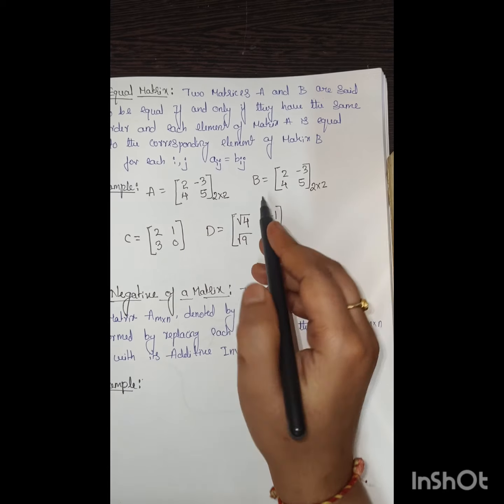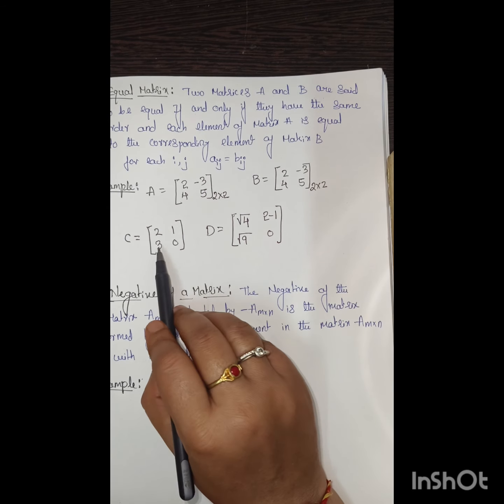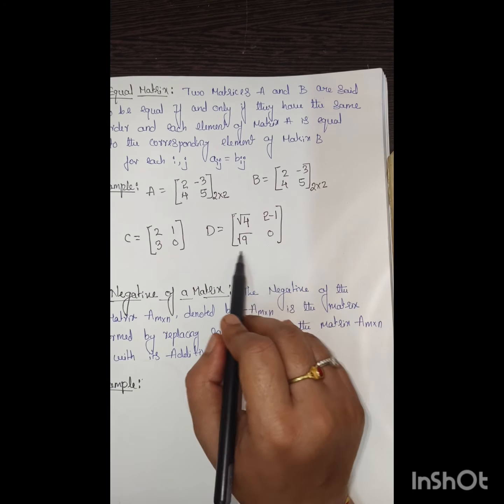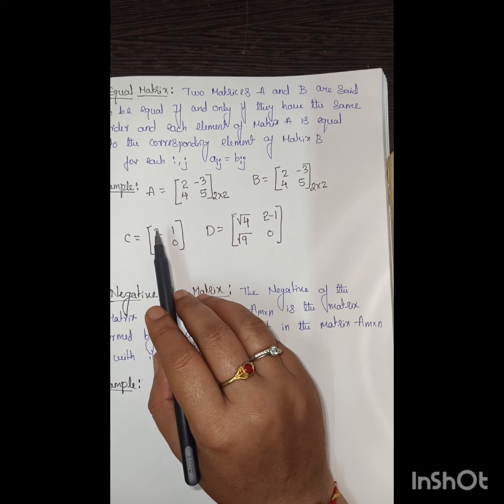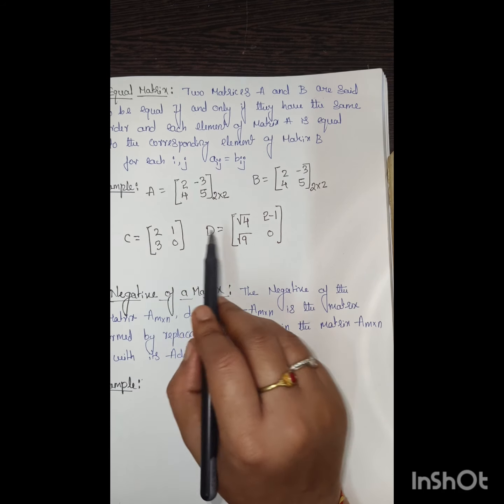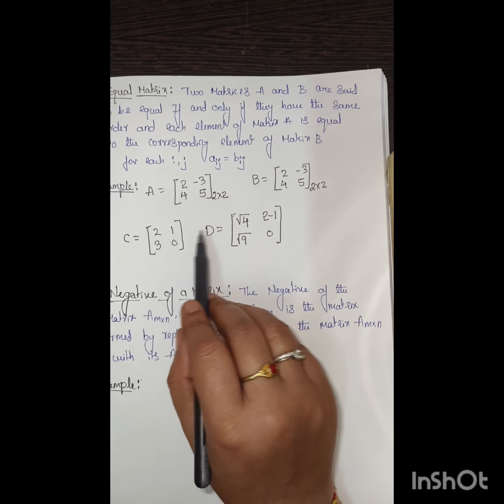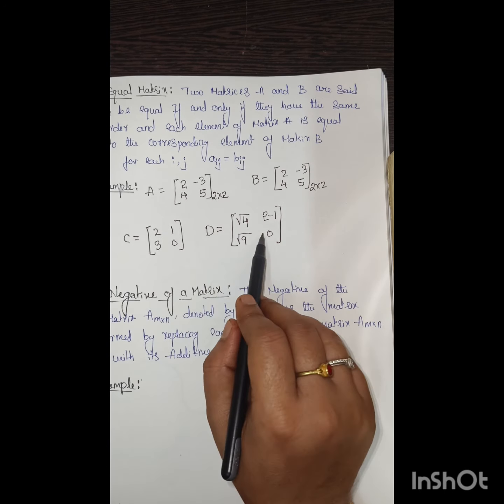Now see here, square root of 4 is 2, square root of 9 is 3, 2 minus 1 is 1, and 0. After simplifying you will get the same elements of matrix C and matrix D, so both having the same elements and same order, then you will call it an equal matrix.